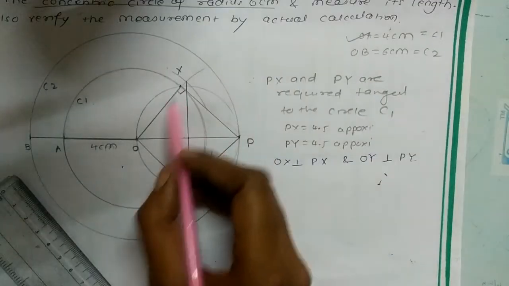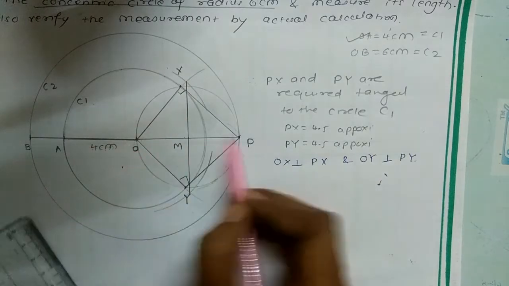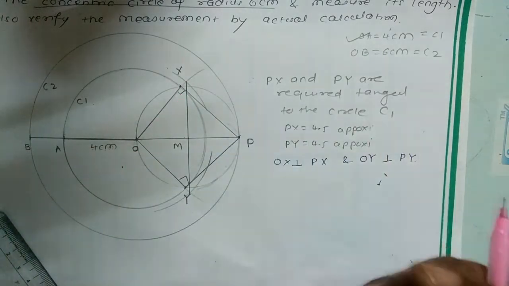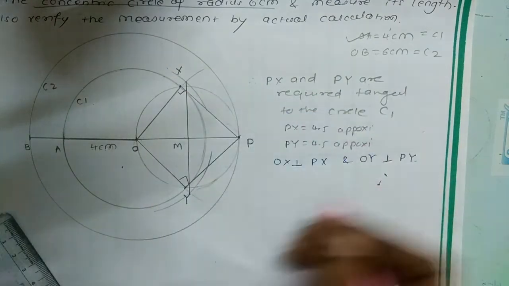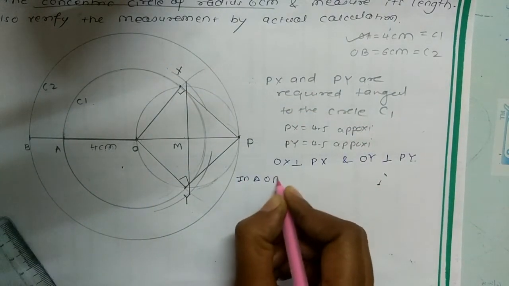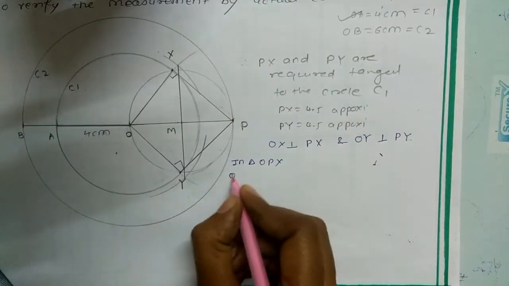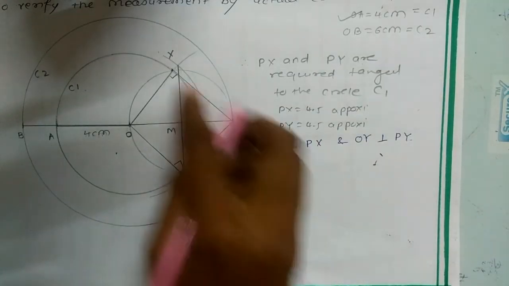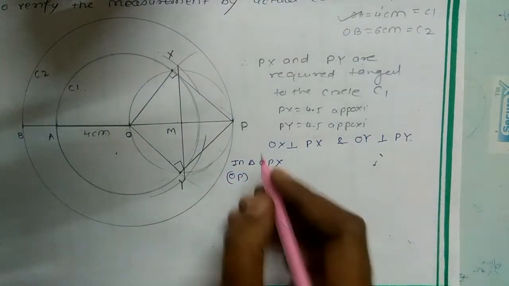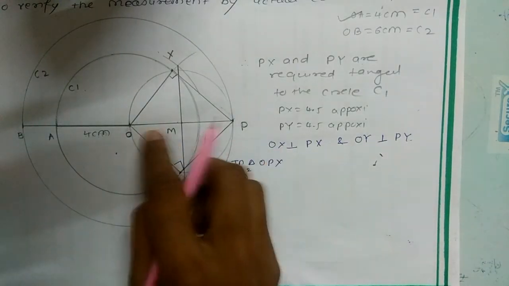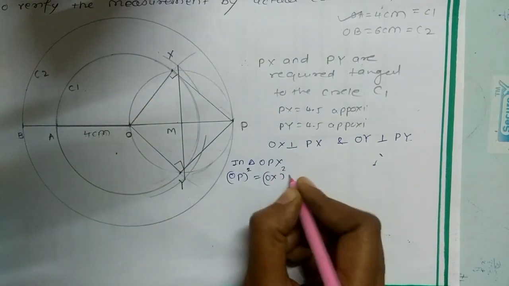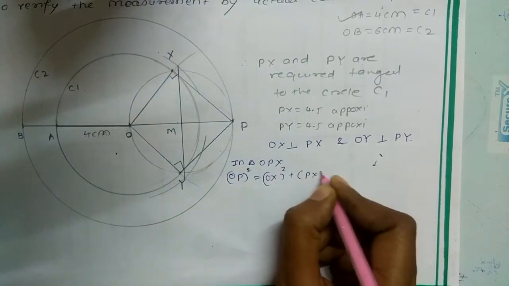Now as it is perpendicular, we have a triangle, and it will be a right angle triangle, because here it is the formation of 90 degrees. So in triangle OPX, we'll apply the Pythagoras theorem to find the value of PX. OP square, this is the hypotenuse, equals OX square plus PX square.